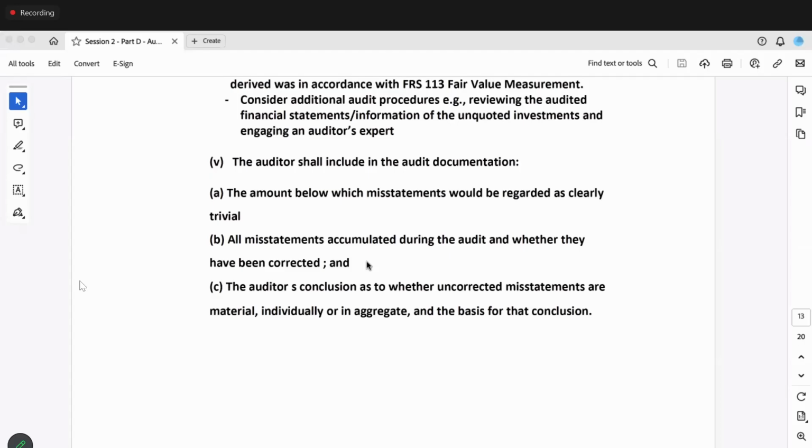All right. Because it also shows the tone at the top, how senior management has the influence in their financial reporting, and the detection risk is actually very high. You're not able to detect this.